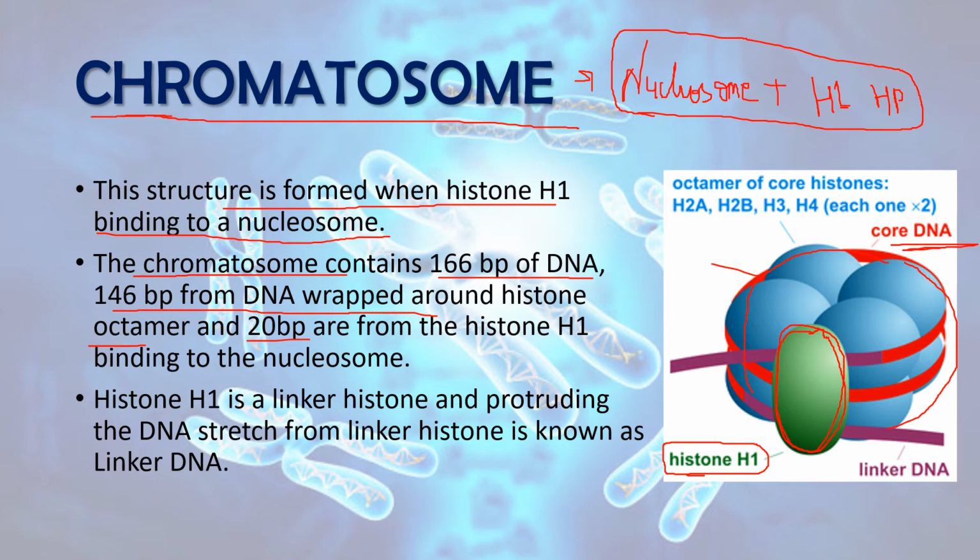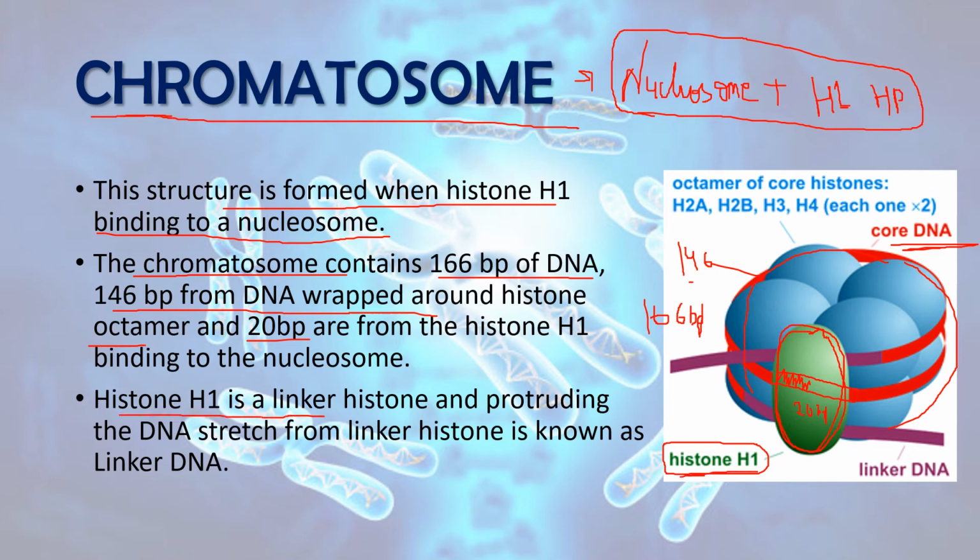This red color is 146 base pair DNA, and the other 20 base pair are on this histone H1 protein. So the chromatosome having a complete stretch of DNA is about 166 base pair: 146 from the nucleosome and 20 base pair from this histone H1 protein.